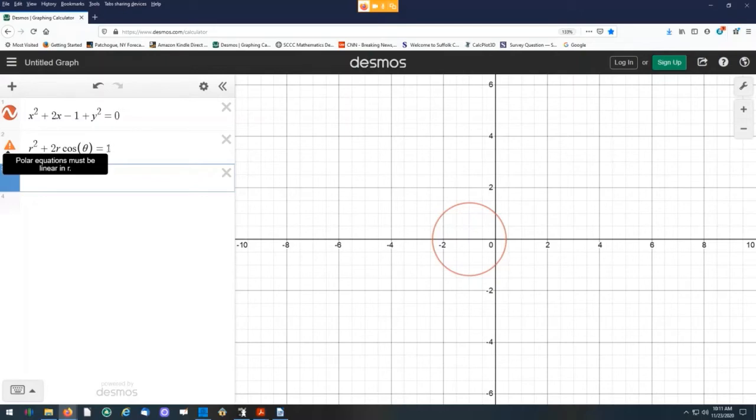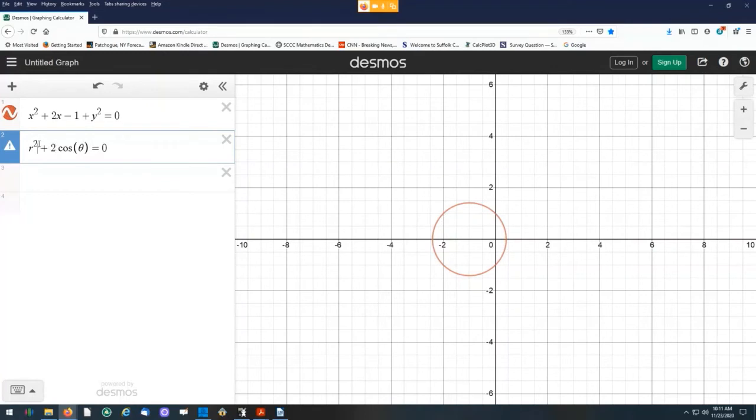If this was 0 over here, I could do it. It's not going to give me the same graph, but that's nice to know, the limitations there. Put that 0, and then I get rid of that R and this R. And that will give me something there. So it's similar to it, but it's not the same graph.